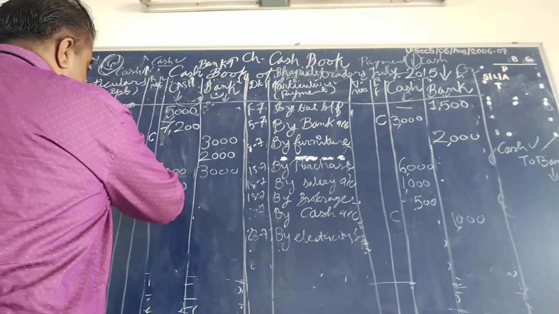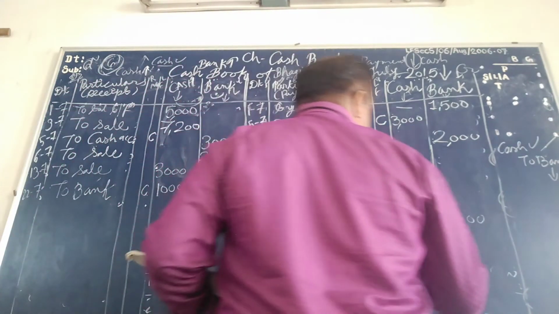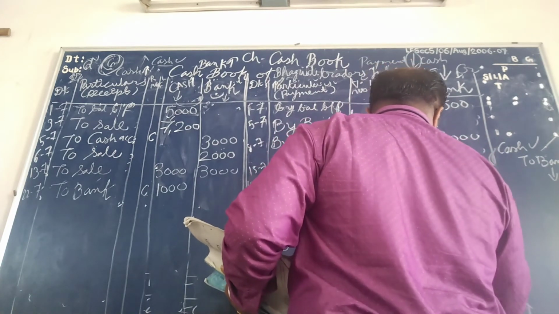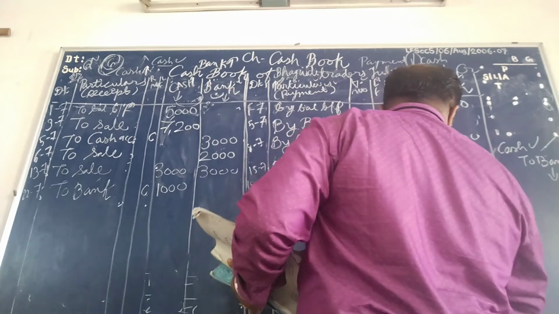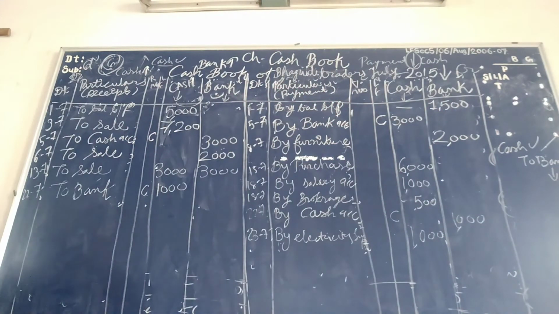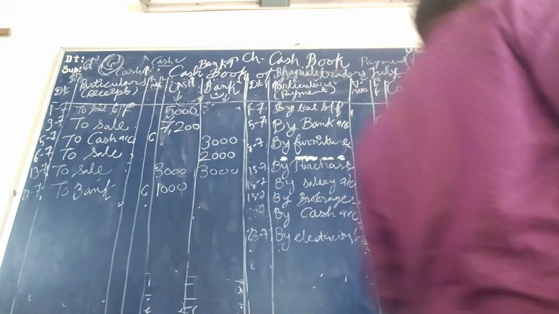Here we received cash 1000, and we paid this cash for electricity. So 1000 will be deducted in the form of payment. So 1000 will be credited here.